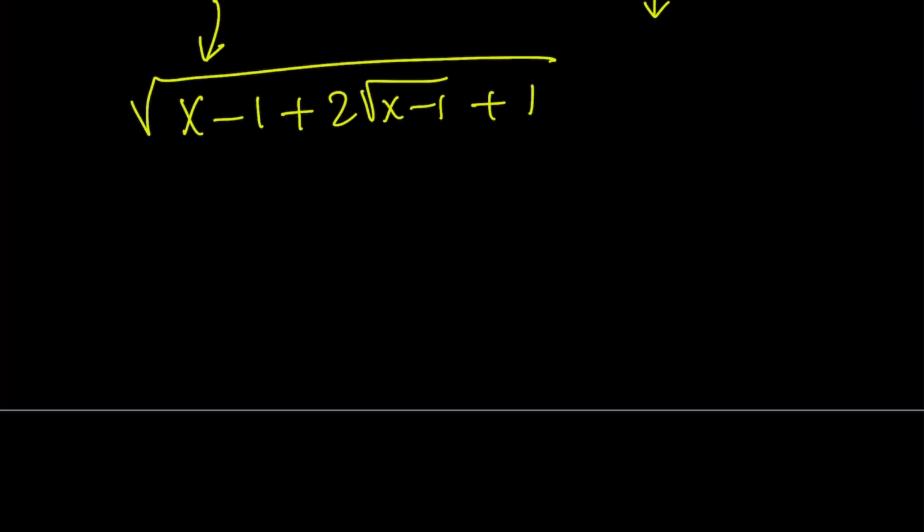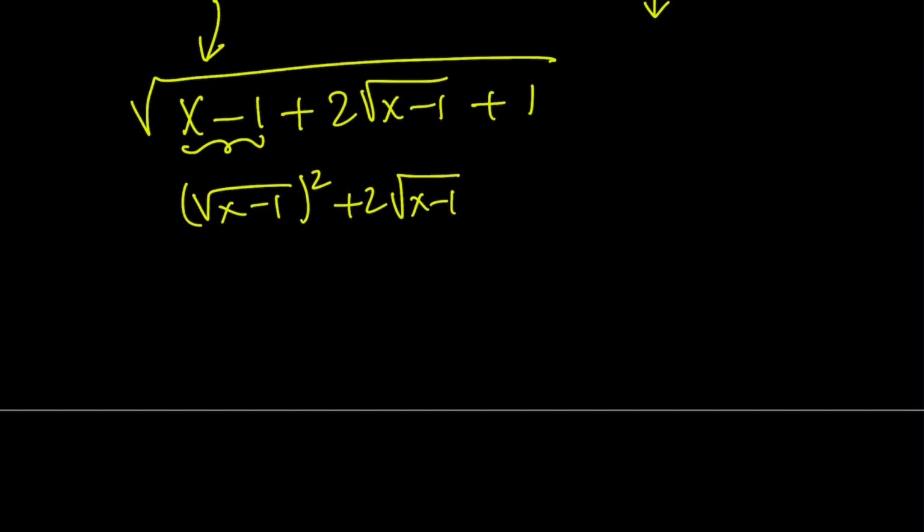All right? So now notice that this is square root of x minus 1 squared. So let's go ahead and write it that way. And we're going to get the following. I hope this makes sense. We're going to get something like this, square root of x minus 1 plus 1 quantity squared. Awesome.